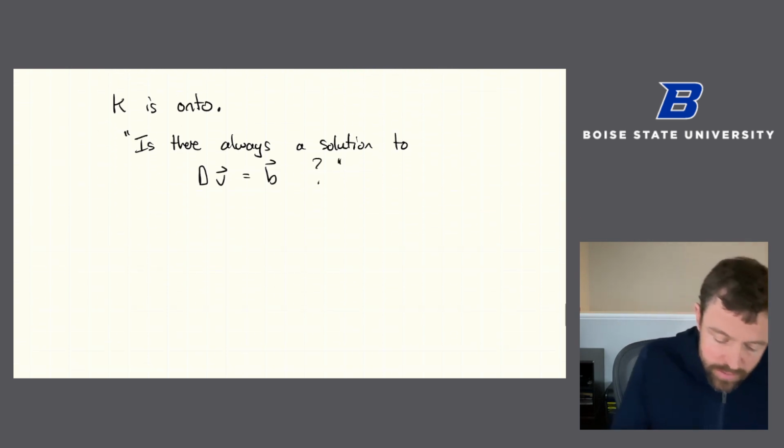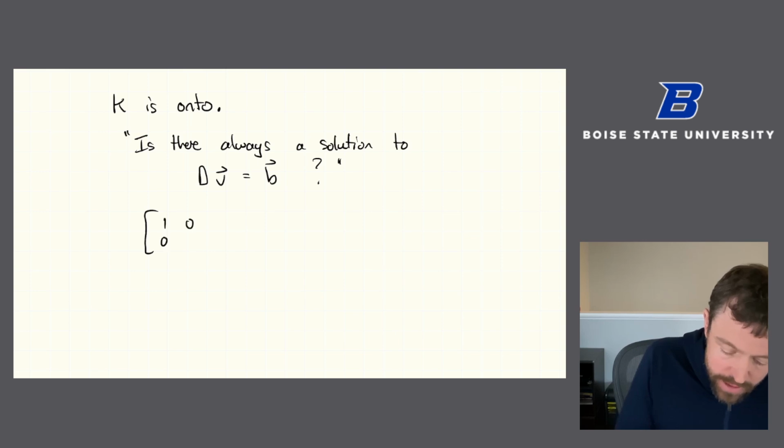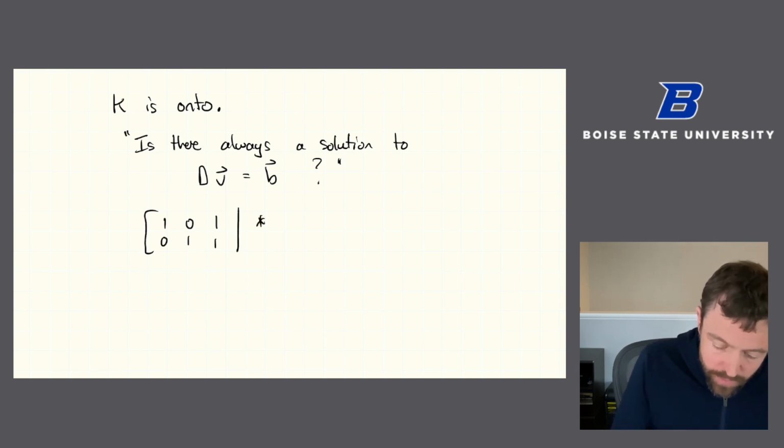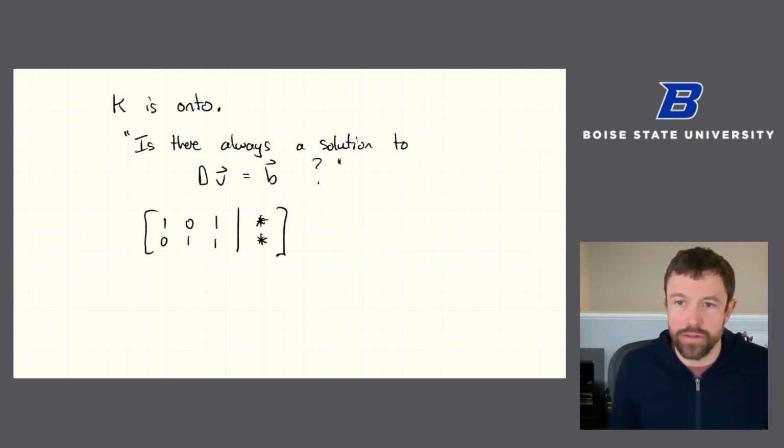Or in other words, if we draw this augmented matrix, and we're not really sure what's going on in the right-hand side, do we know this always has solutions?